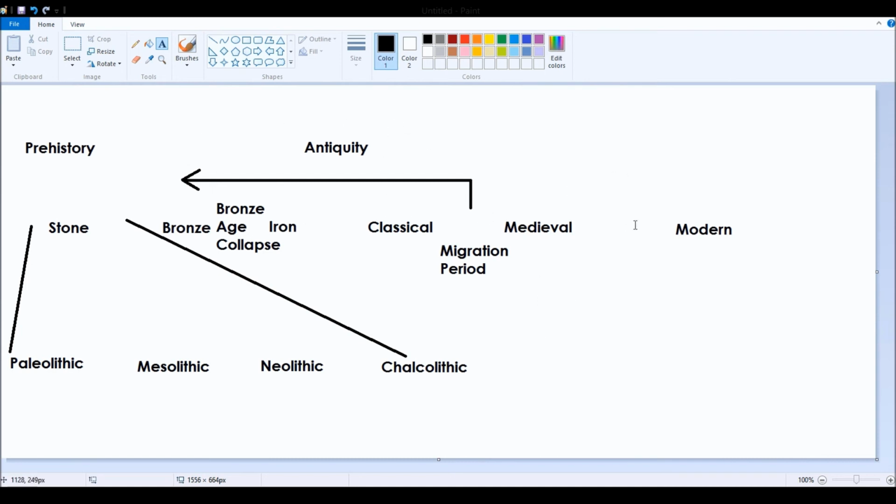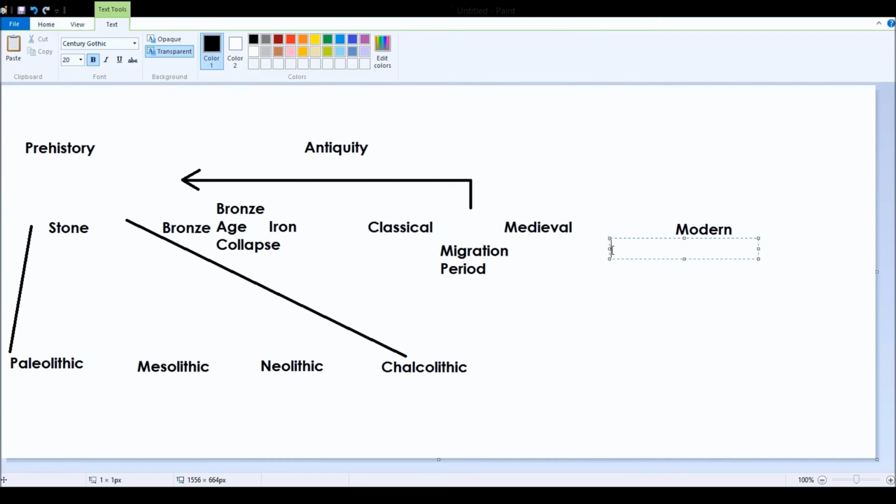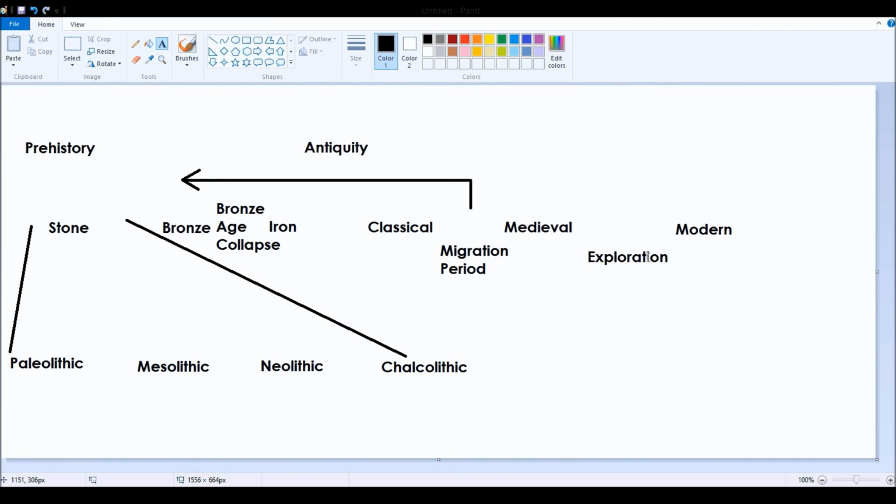Now, of course, the medieval to modern transition comes in a few different things, such as exploration, the age of exploration, in reference to European history, where explorers started to go around from Europe looking for new trade routes in order to reach trading partners that were beyond the Middle East, so that they could circumvent people like the Ottomans in acquiring better trade deals.